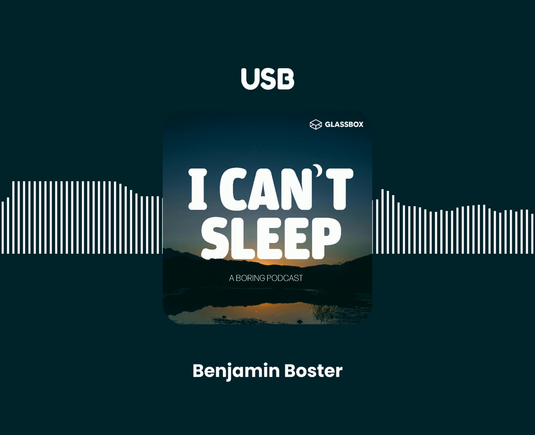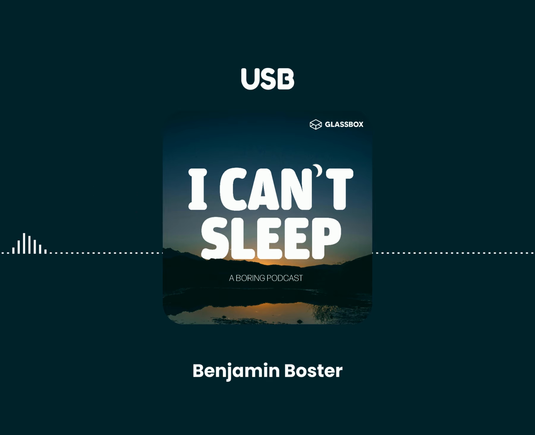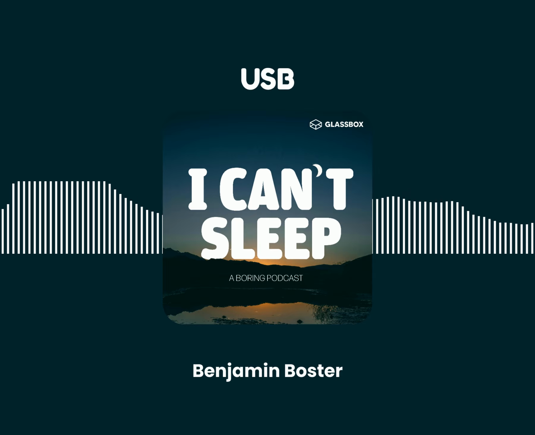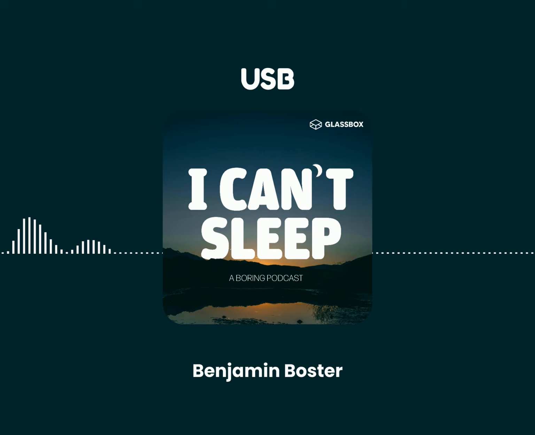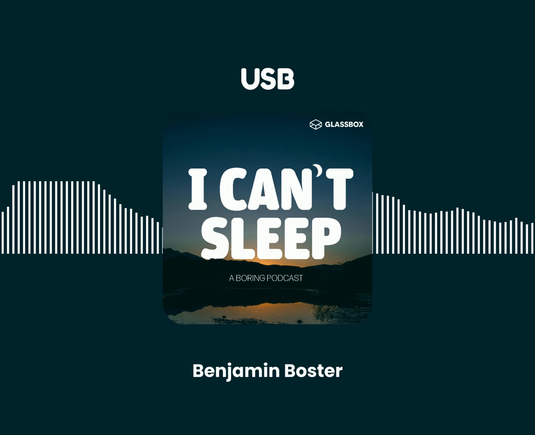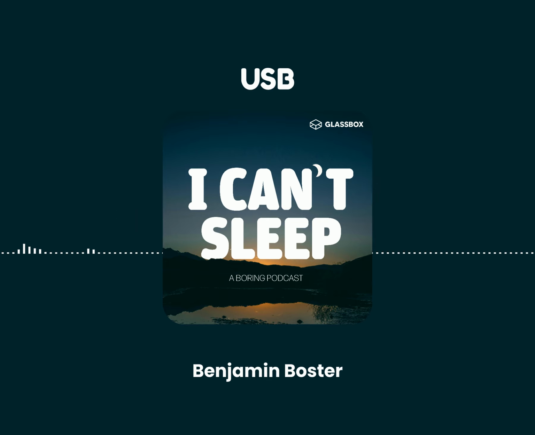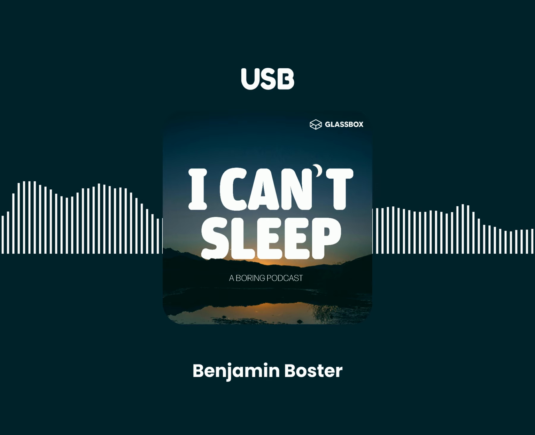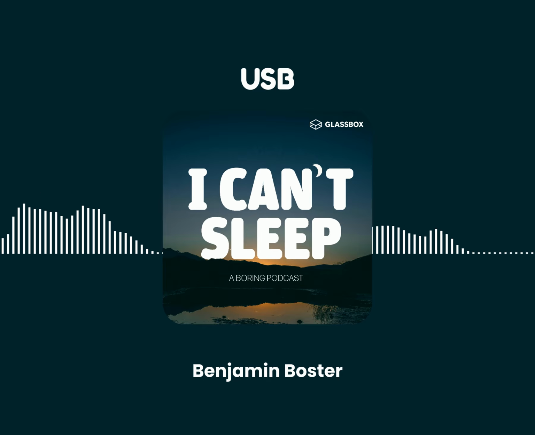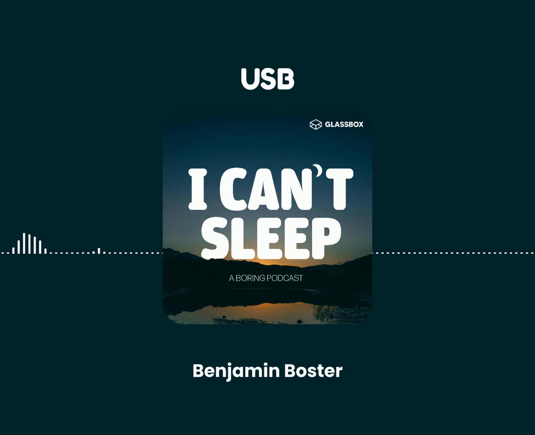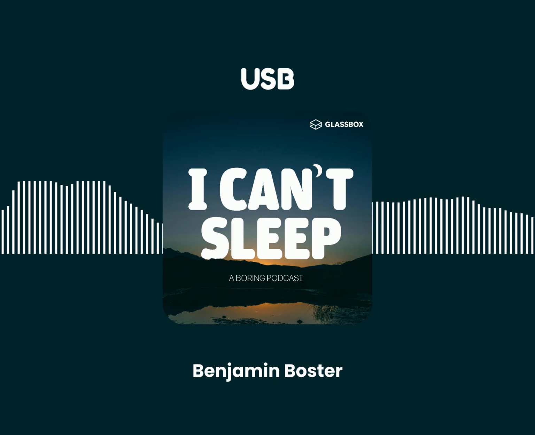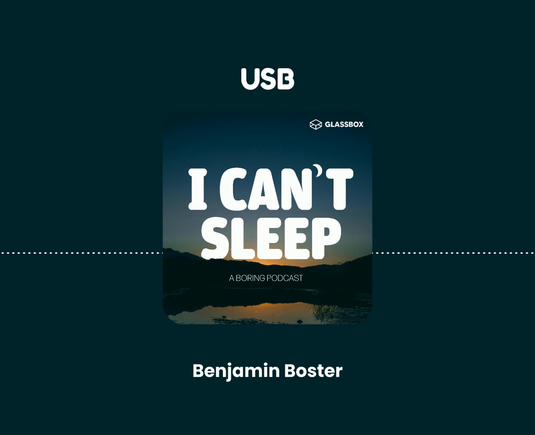USB 2.0 was released in April 2000, adding a higher maximum signaling rate of 480 megabits per second, maximum theoretical data throughput 53 megabytes per second, named high speed or high bandwidth, in addition to the USB 1.x full speed signaling rate of 12 megabits per second, maximum theoretical data throughput 1.2 megabytes per second.